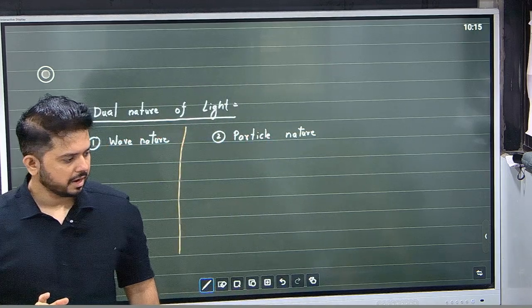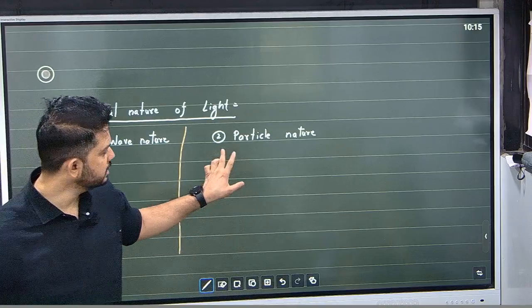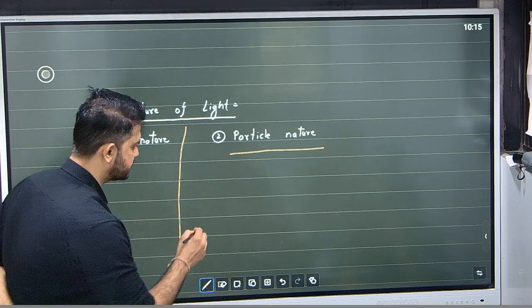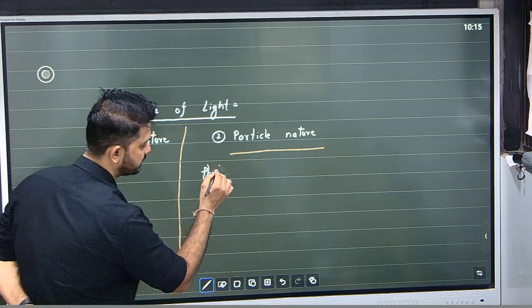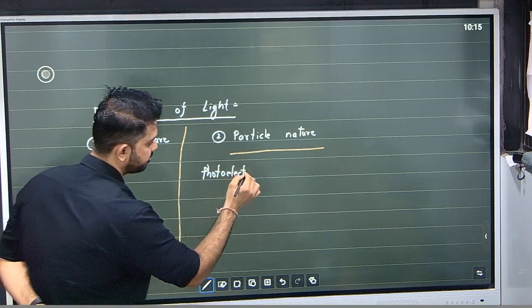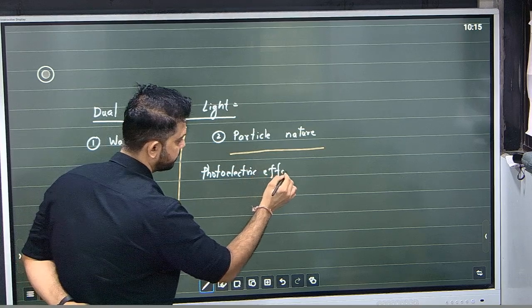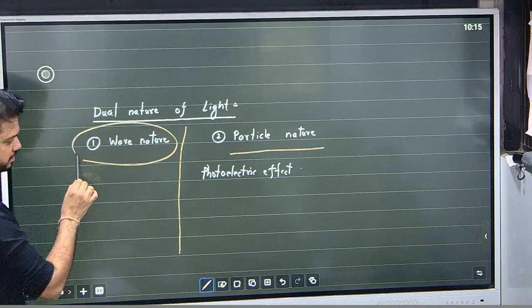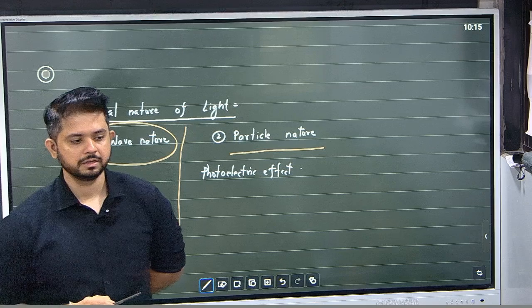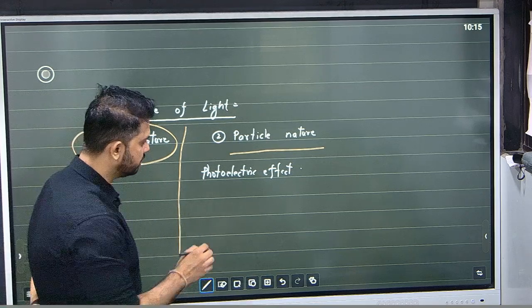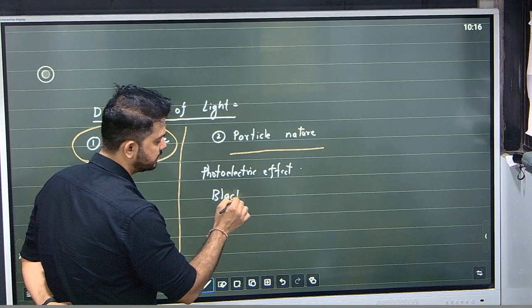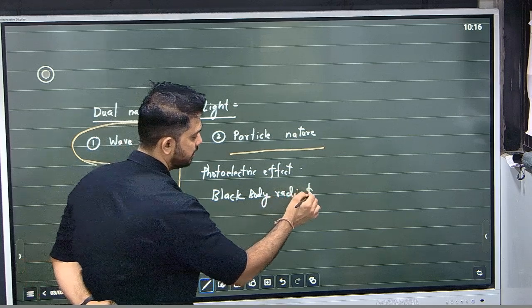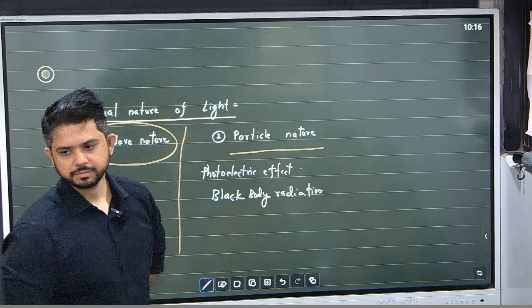Then in 11th standard, we'll study something called particle nature of light to explain certain concepts such as photoelectric effect. We cannot use the traditional wave nature. It cannot explain photoelectric effect or black body radiation, and some more fundamentals.